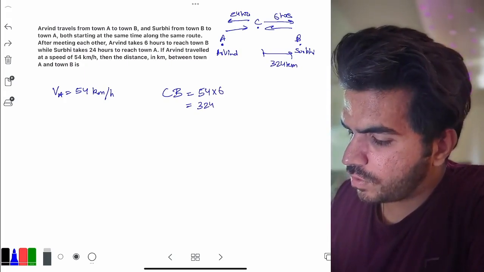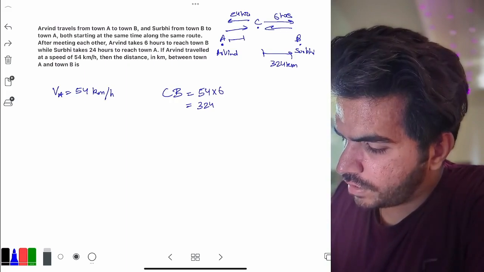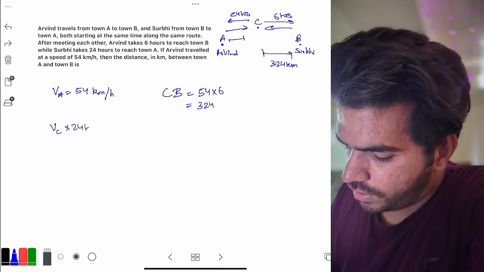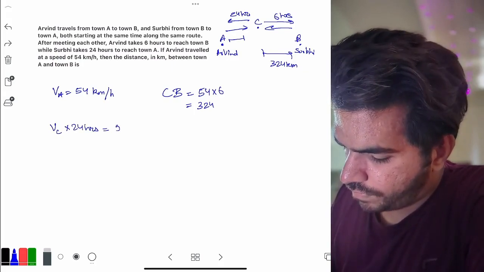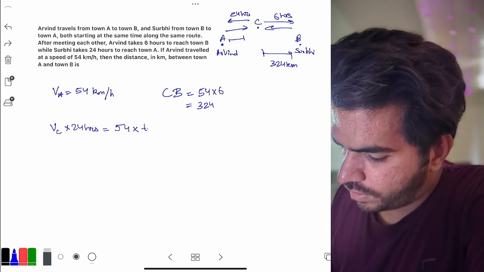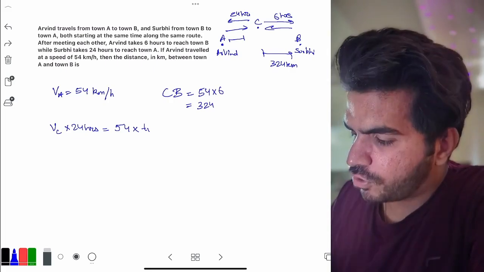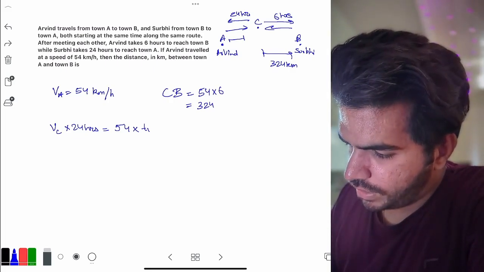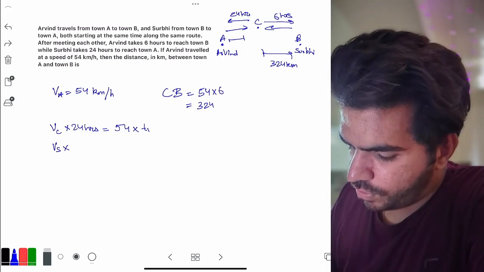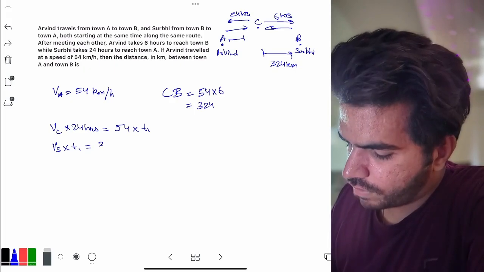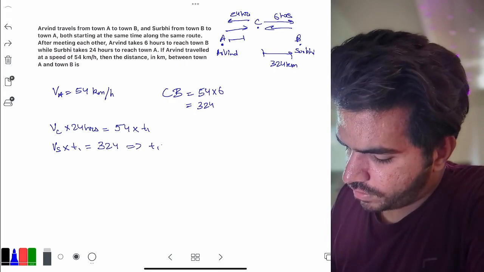And also we know Arvind took some time t1 here, so velocity of C into 24 hours should be equal to 54 into t1. In the same time t1, Surbhi also was walking. So velocity of Surbhi into t1 should be equal to 324 itself. From here, t1 is equal to 324 by velocity of Surbhi.